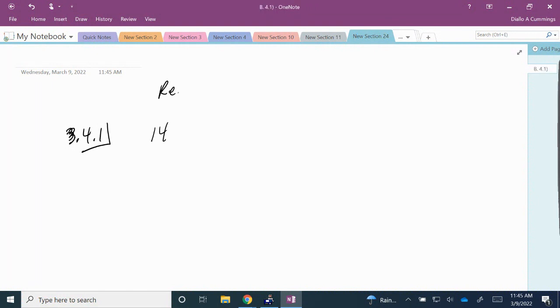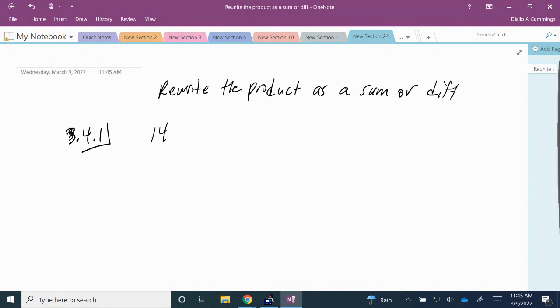Well, the directions tell us to rewrite the product as a sum or difference. And we have 14 times the cosine of 11y times the cosine of 10y.